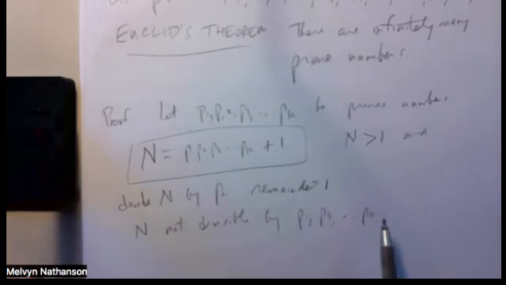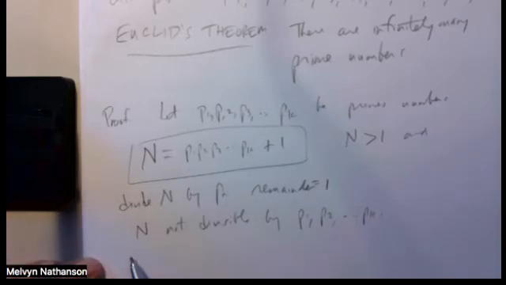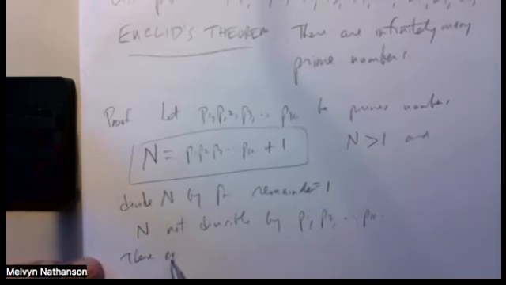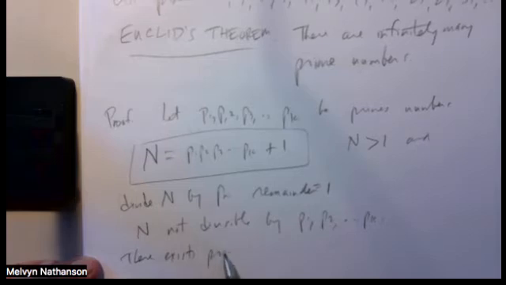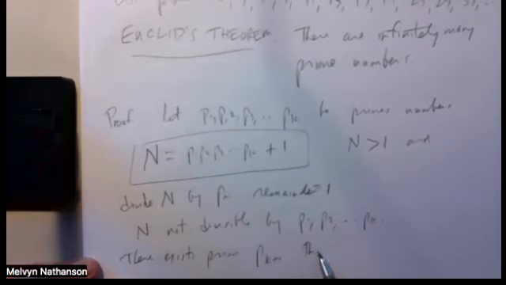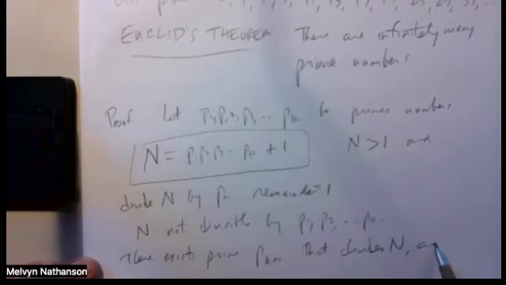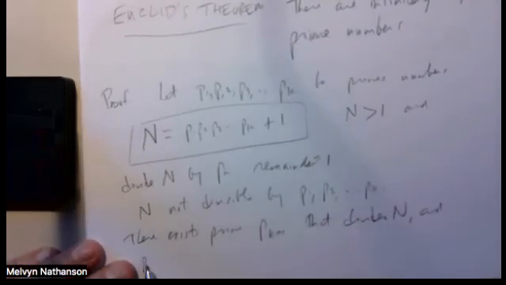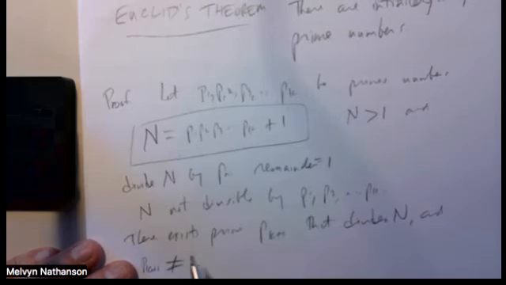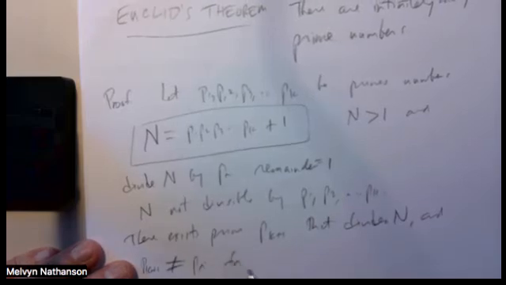But n is divisible by some prime, because we just proved that every number bigger than 1 is divisible by a prime. So there exists a prime, I'll call it P sub k plus 1, that divides n. And this new prime is different from all the old primes.